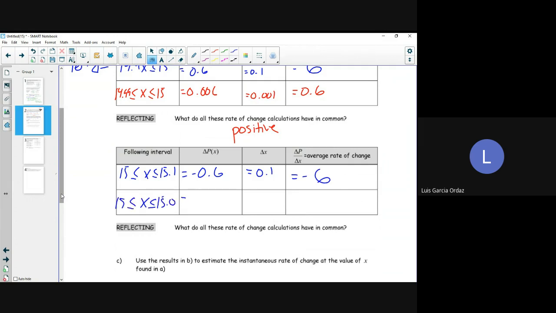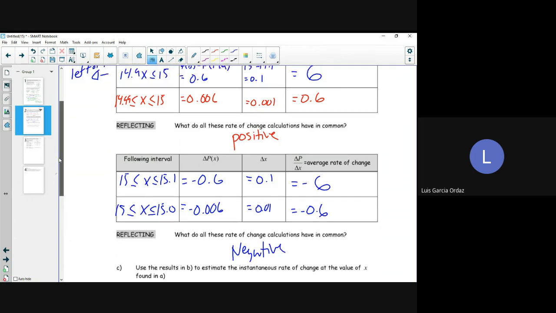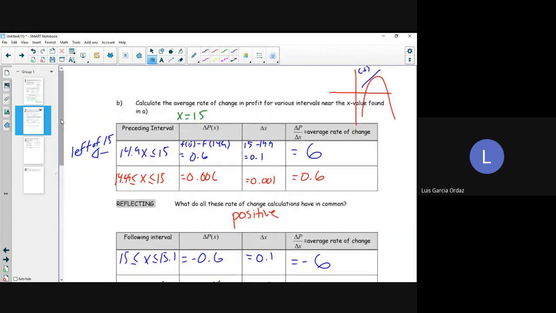It's the same idea, except the changes in x and P(x) are negative. So as you can see, these rates of change are negative, which means that the slope of the tangent on the other side of the vertex is going to be negative.